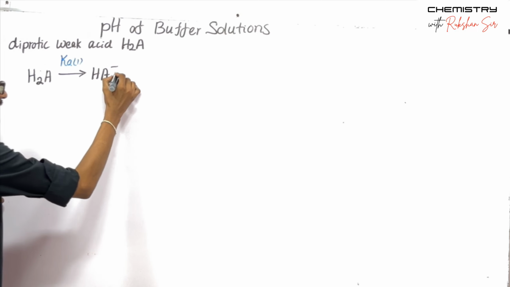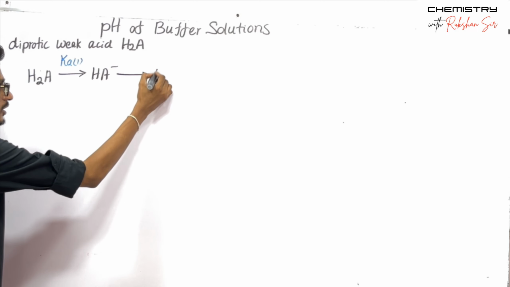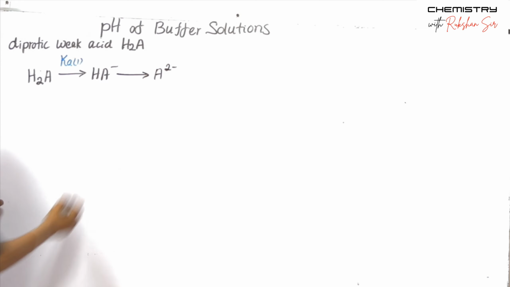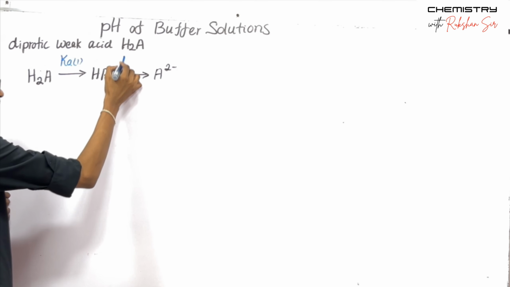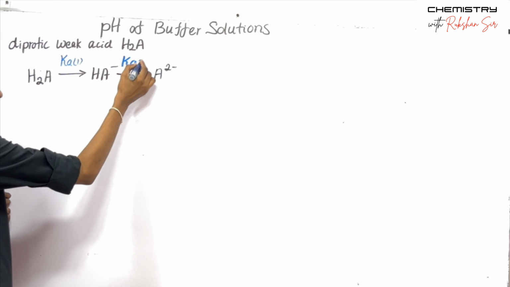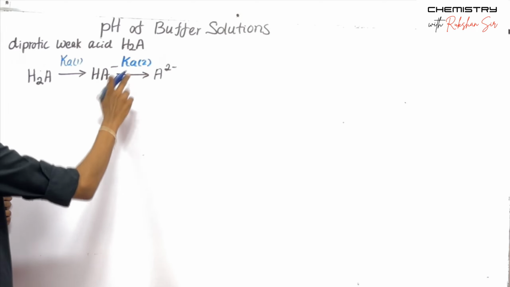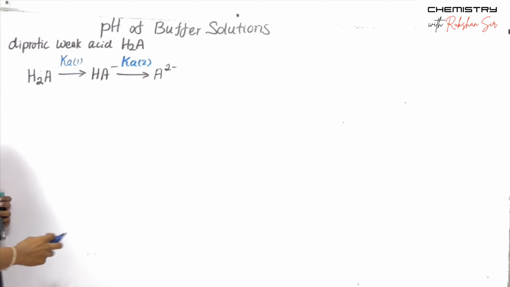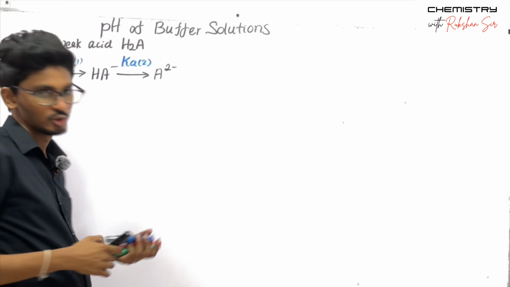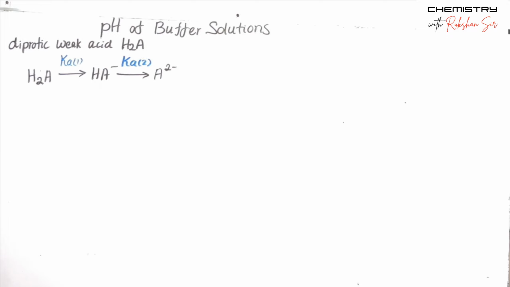Converting HA minus to A2 minus is represented by Ka2, acting as an acid for the second time, releasing the H plus for the second time. Ka1 and Ka2 values are given.